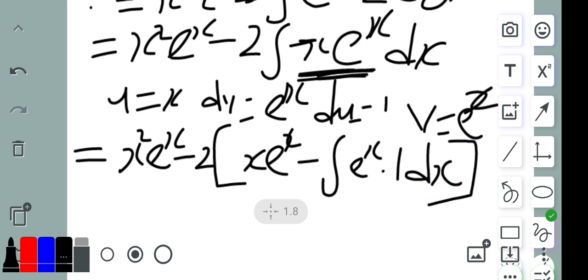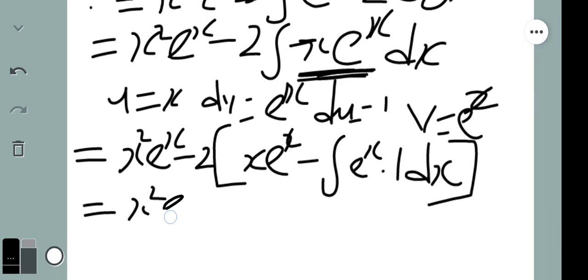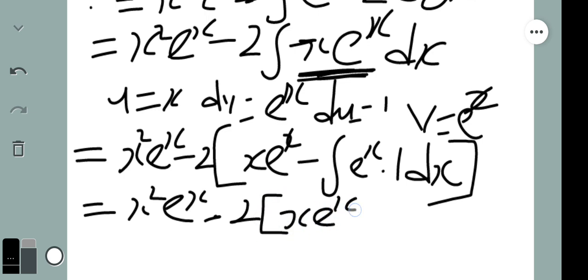So from here, we have x square exponential x minus 2 open bracket x exponential x minus the integral of exponential x dx. The integral of exponential x will still give me exponential x.